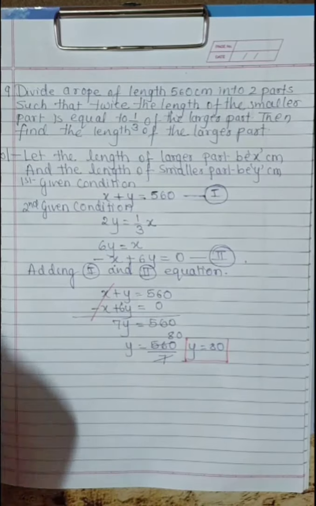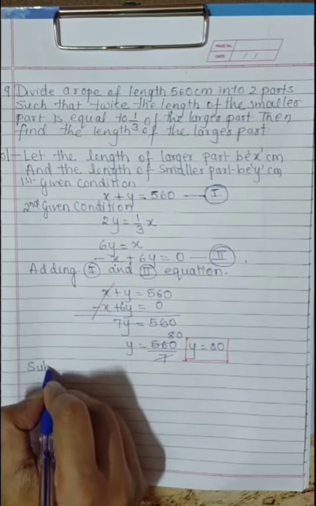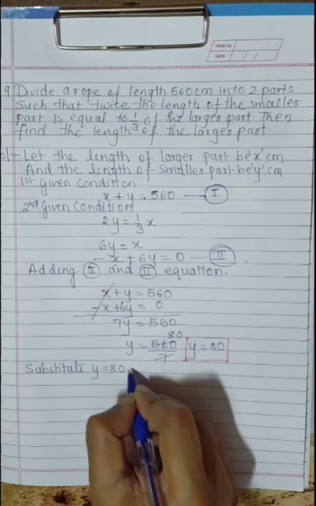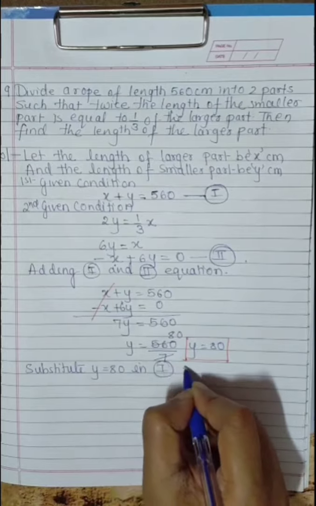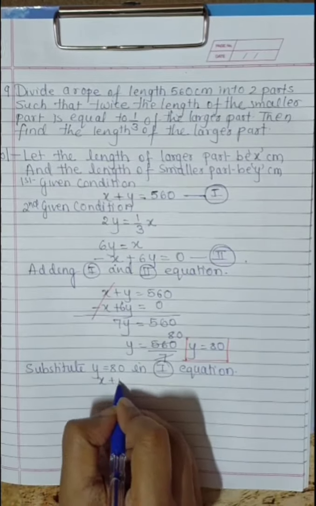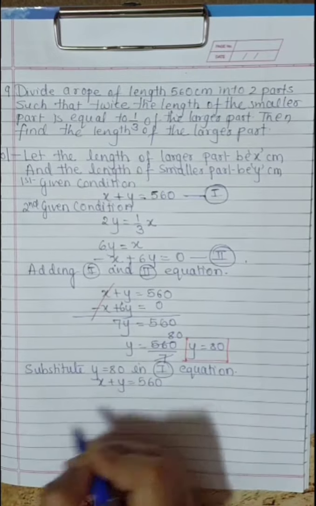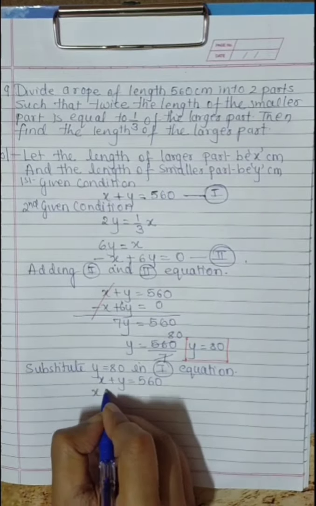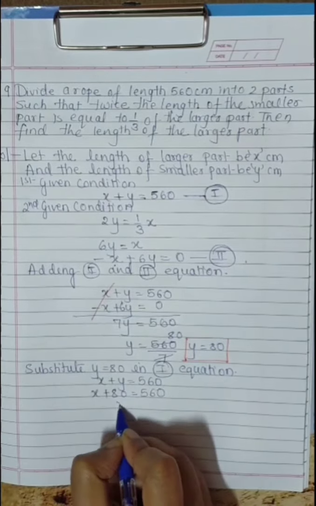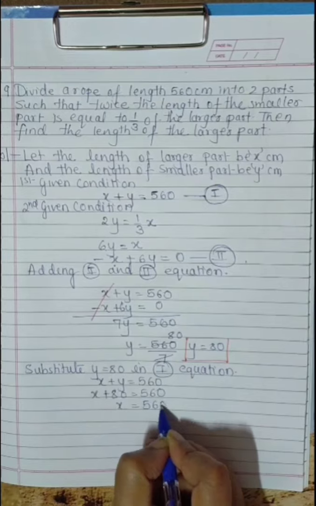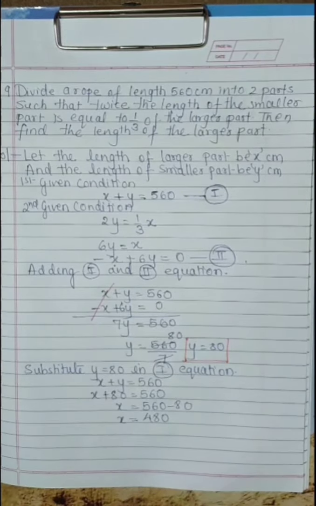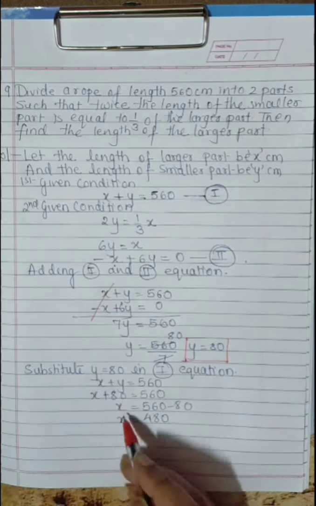Okay, now we are going to substitute y equal to 80 in the first equation. x plus y equal to 560. Okay, x plus, in y's place we will write 80, equal to 560. Now x is equal to 560 minus 80. Now x is equal to 480. We got the value of x as 480.